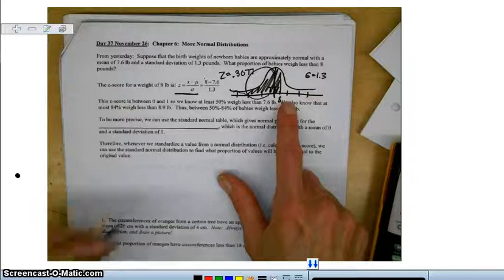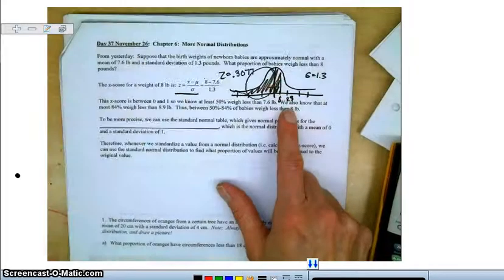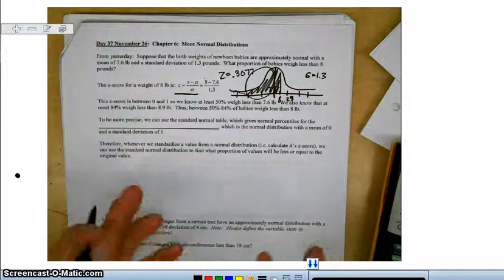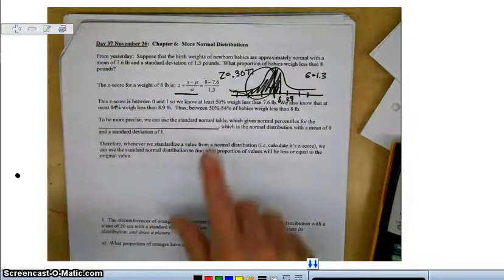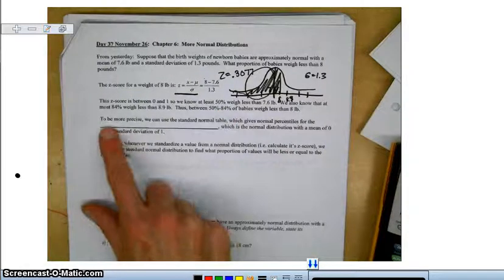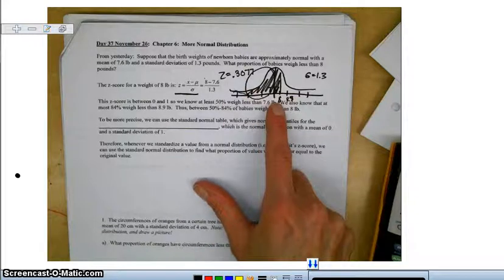One full standard deviation above, which would have been at 8.9 pounds, would have added another 34%, but we're somewhere in between that 50 and 84%. So we're going to learn to use this z-score to help us figure out the exact percent of babies that would weigh less than 8 pounds.